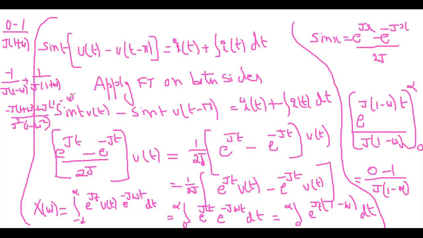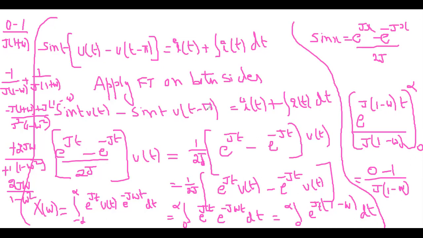Minus j omega and minus j omega gives minus 2 j omega, and j square is minus 1, times (1 minus omega square). Minus and minus get cancelled, so it becomes 2 j omega by 1 minus omega square.